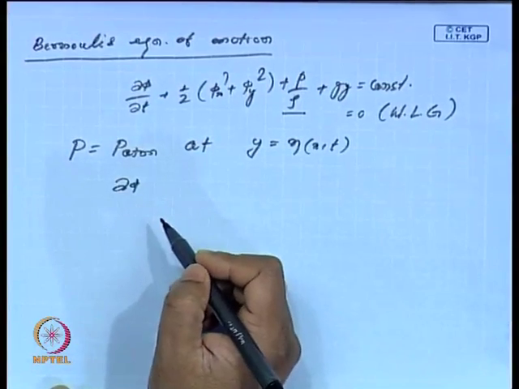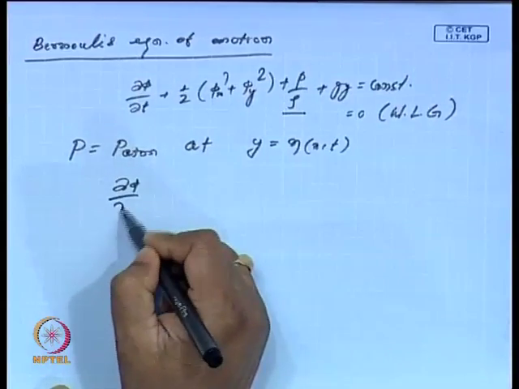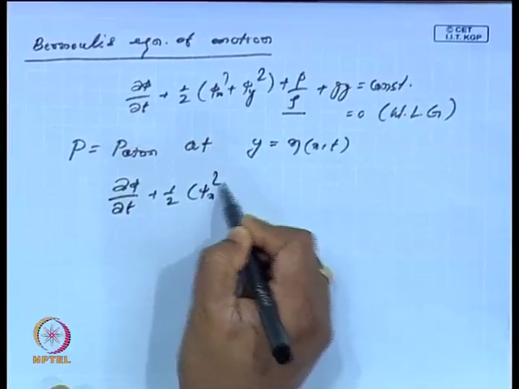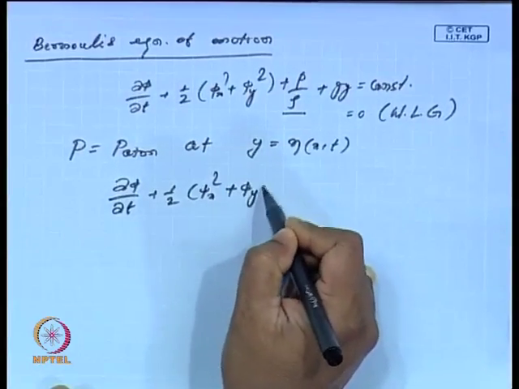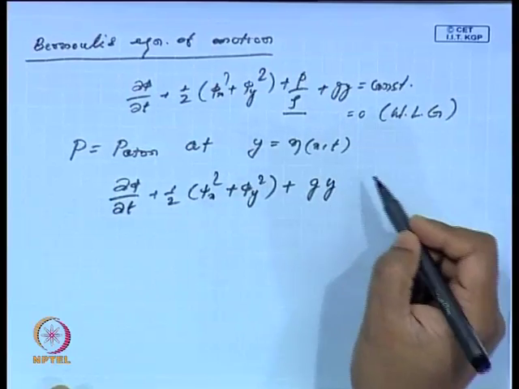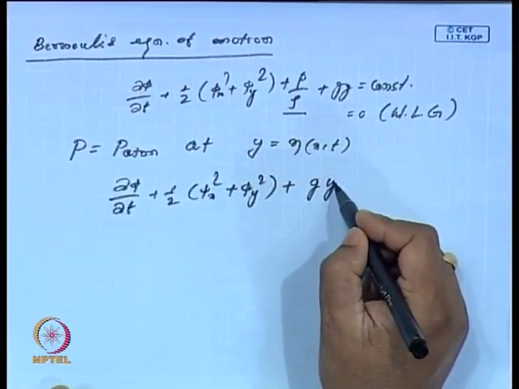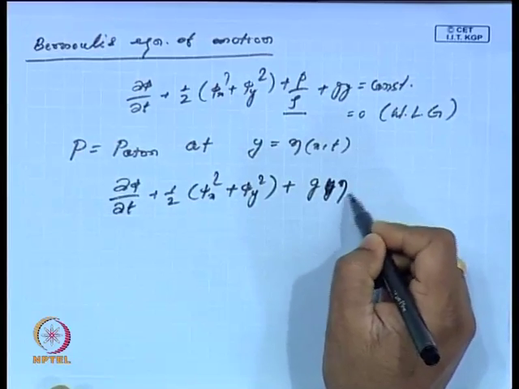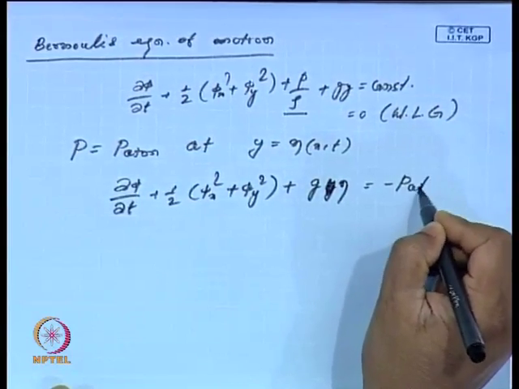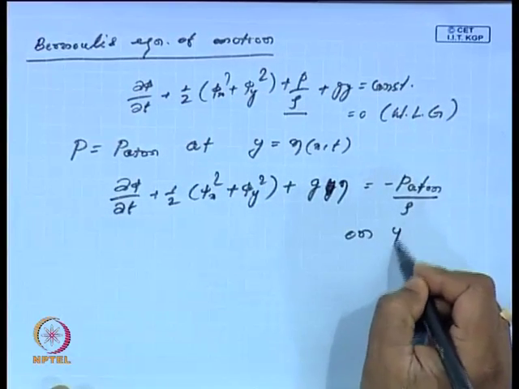Under the assumption that P is P atmosphere, we will have del phi by del t plus half phi x square plus phi y square plus g y. In fact, because on y is equal to eta, I can always write g eta, and that is equal to minus P atmosphere by rho, on y is equal to eta.